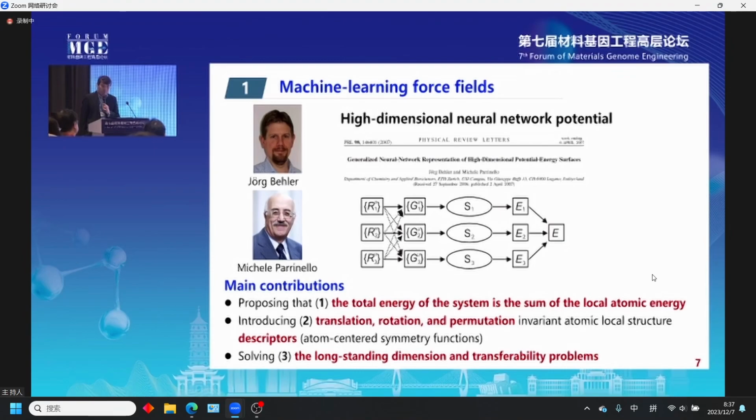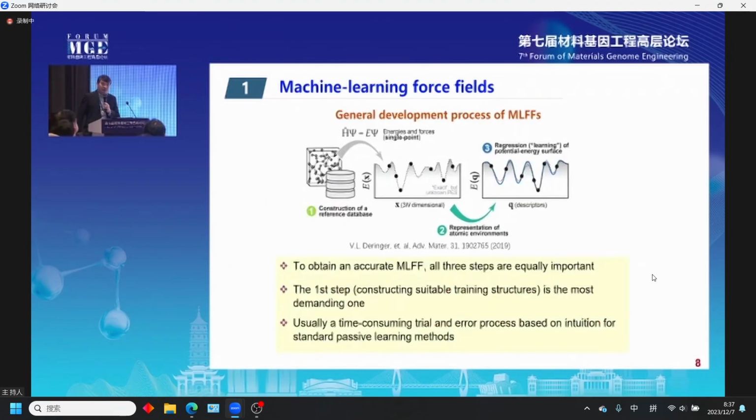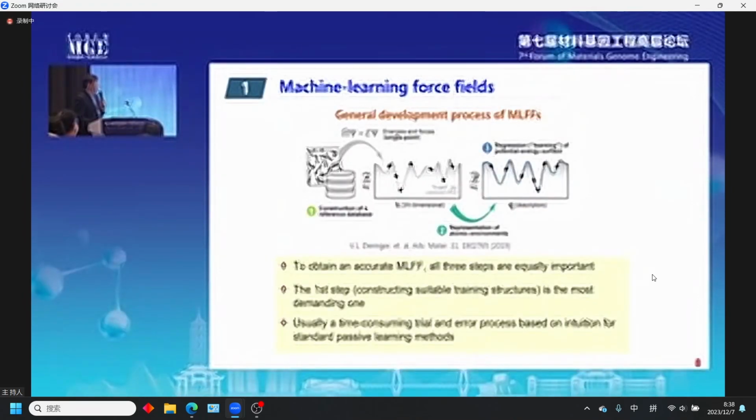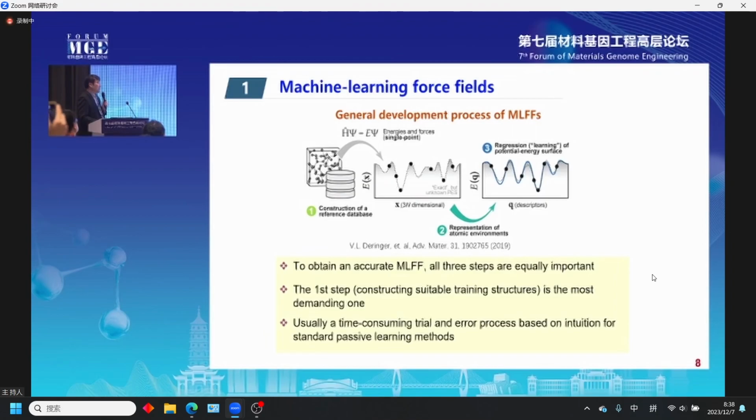In our field, for this machine learning force field, we have a very general development process with 3 steps. The first one is the construction of the reference database. The second one is finding a representation of the atomic environment.